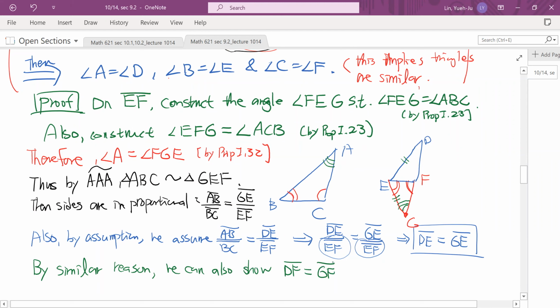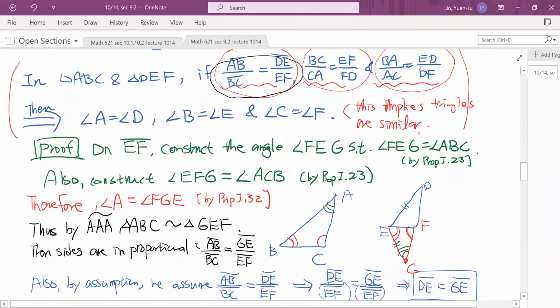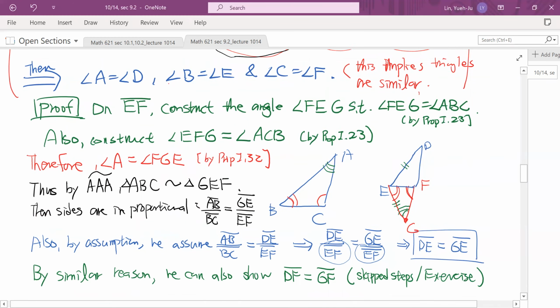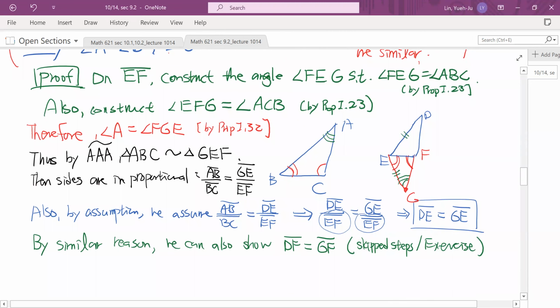Just compare the other sides, right? I skip some steps here, and I would let you do it as an exercise. You should try to do it yourself. This shouldn't be too hard. You just use the other ratio, right? So instead of AB over BC, try BC over CA, or the other one, okay?